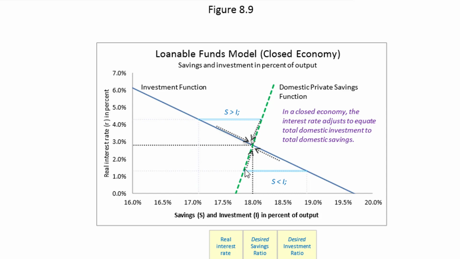As they bid up the interest rate, more and more households would at the margin provide incrementally more savings until you reached this equilibrium. So that's how we see the equilibrium, and you can see that in either of the books.